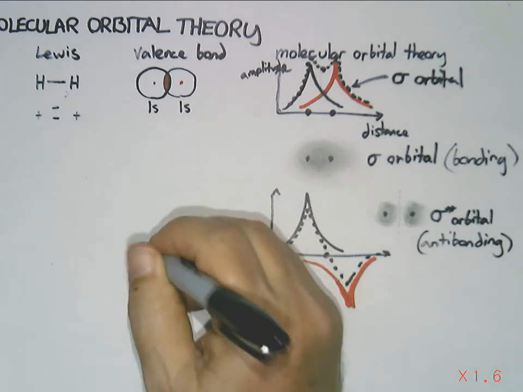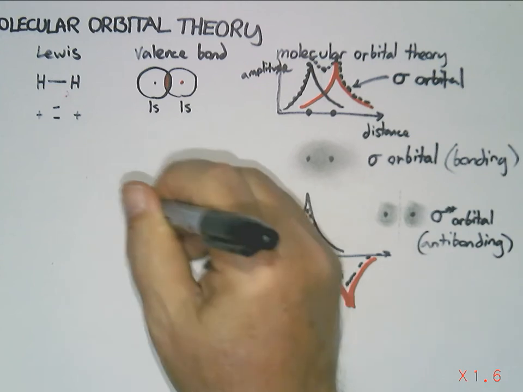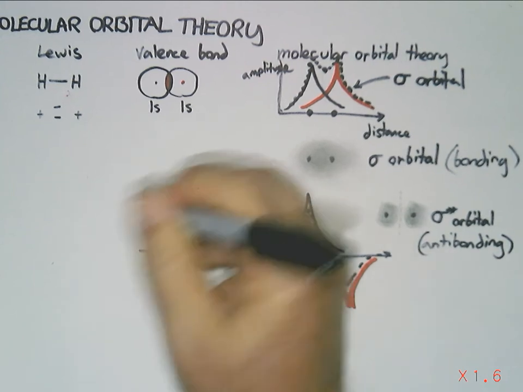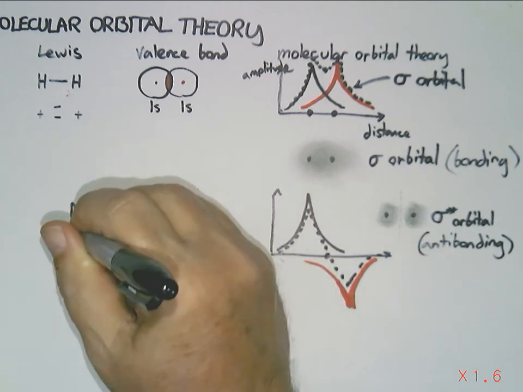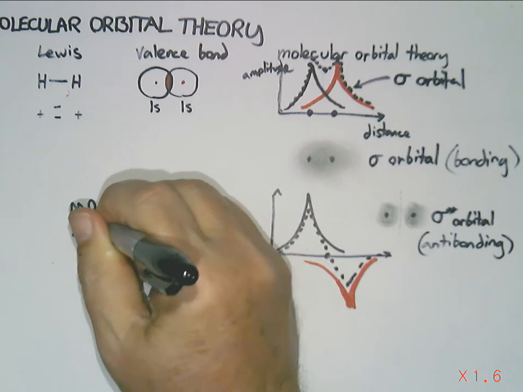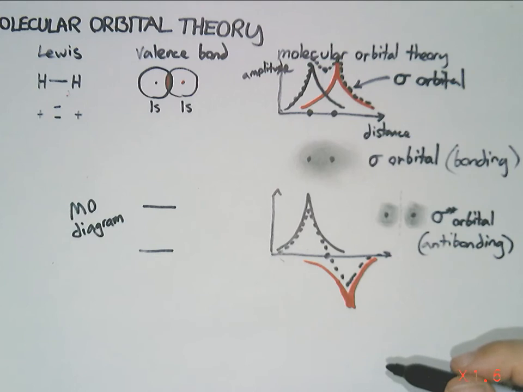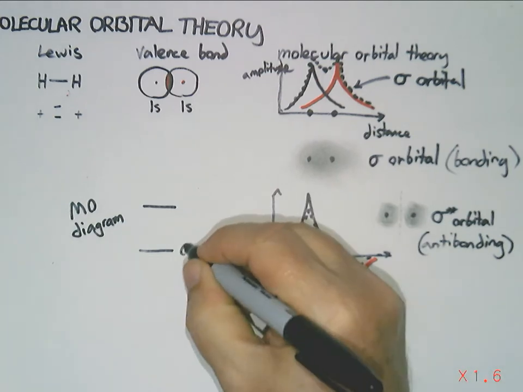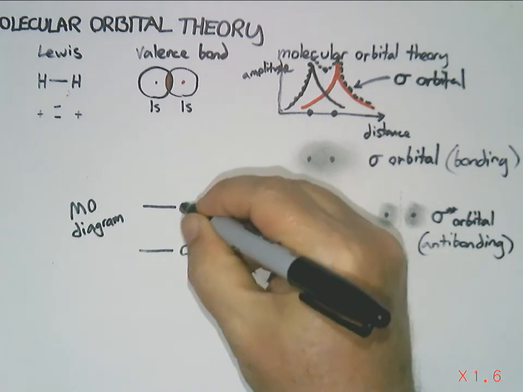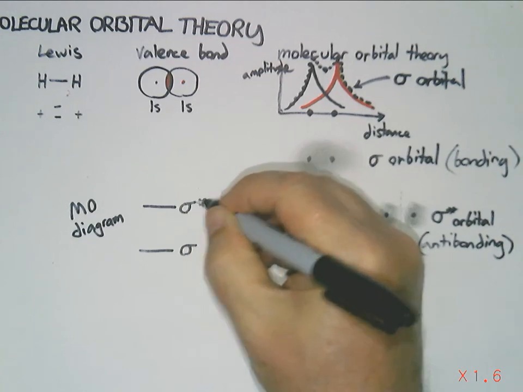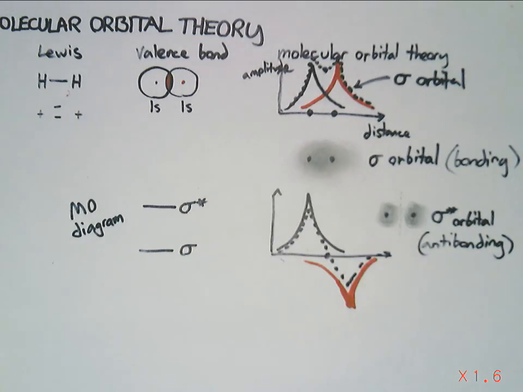We can draw a molecular orbital energy level diagram. This is like our orbital diagram for atomic orbitals, except here we've got molecular orbitals. We've got two of them, sigma and sigma star. So that's our energy level diagram.